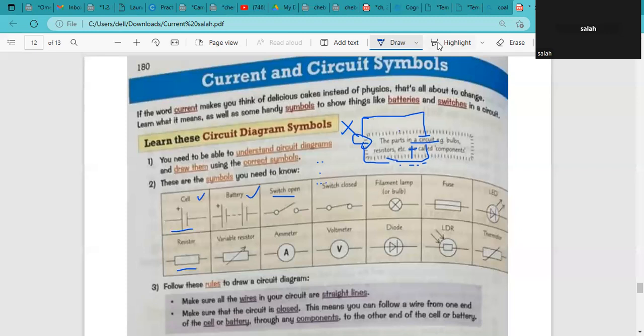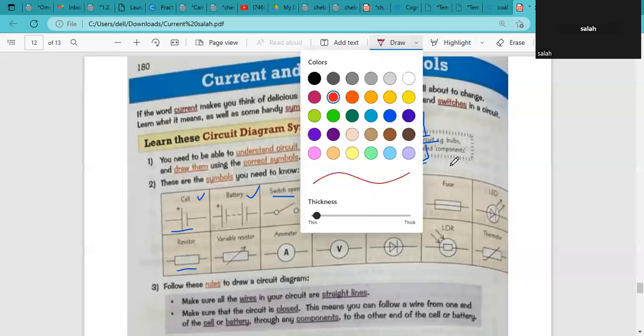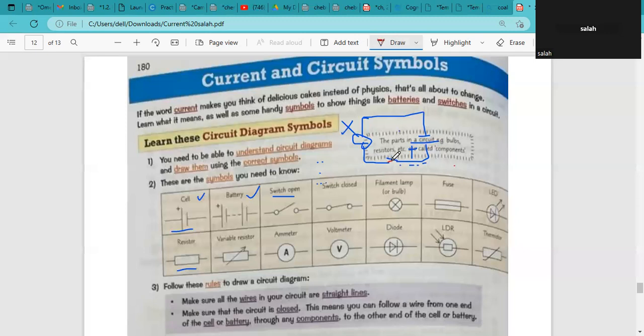And when the switch is closed like this, what will happen? The current will flow because it is joined. The flow of current will be okay, and now the bulb will glow. So this is the closed switch and this is the open switch.